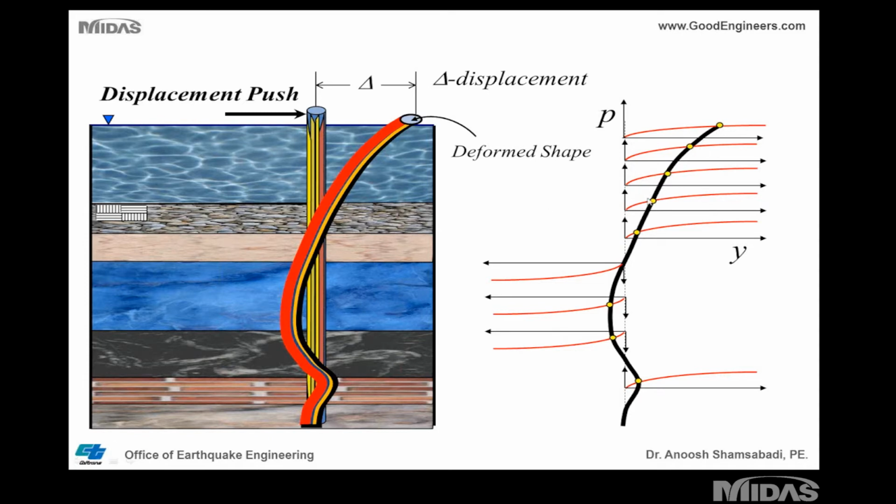This line is the deformed shape of the piles. Based on the deformed shape of the pile, you can linearize the springs. And then you can put a linear spring along the pile in your finite element model, or you can use nonlinear springs in the finite element model. What I have done in the current model I'm going to show you in Midas, I did not linearize anything. Just like the abutments, I use full nonlinear springs along the pile in the finite element model in Midas.